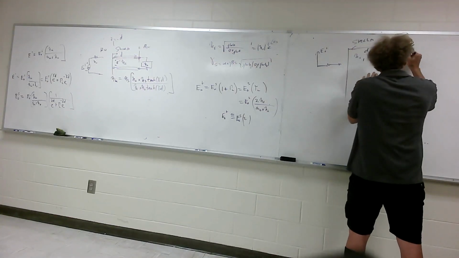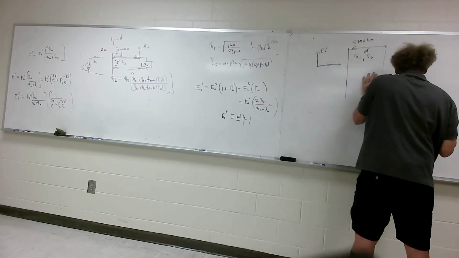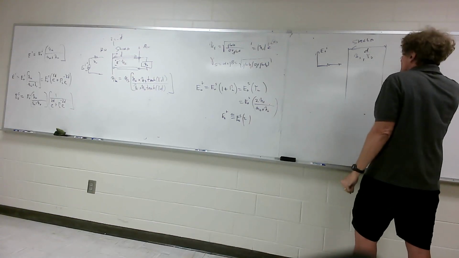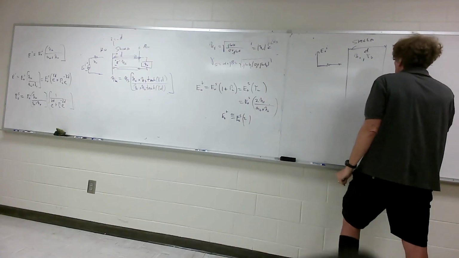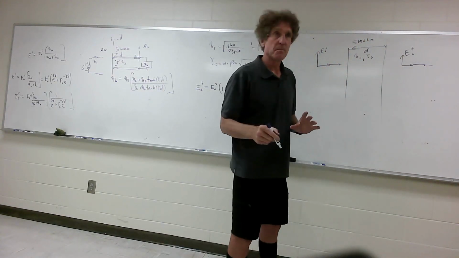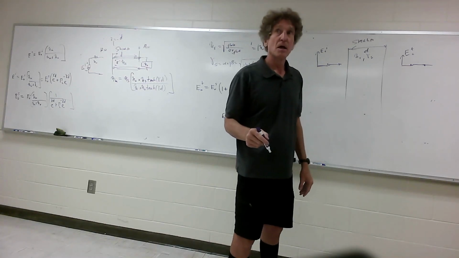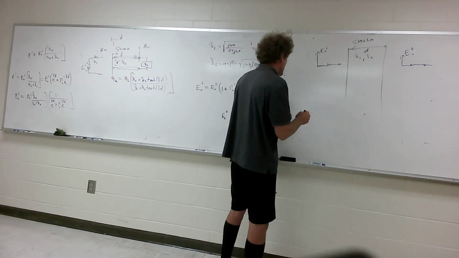You want to know what the transmitted electric field is. Here's the thing you look for always. You're operating at a given frequency, right? So here's what you look for.